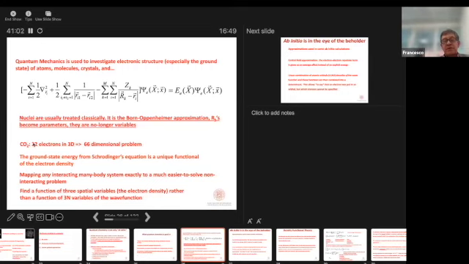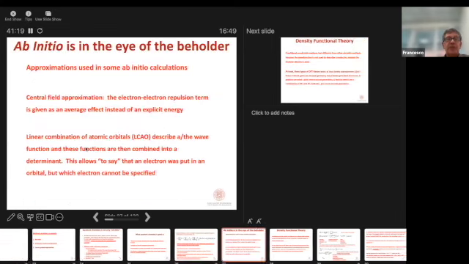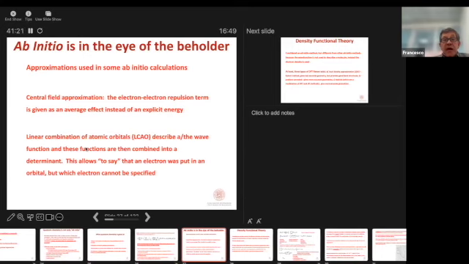For CO2, the example I gave before, the problem becomes we have 22 electrons. Let's forget about the nuclei, and then we have a 66-dimensional problem. This is a tall order to satisfy. So it's not trivial. And here is the thing: if we want to solve that, approximations must be used.